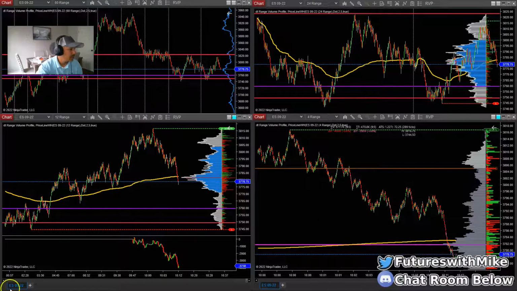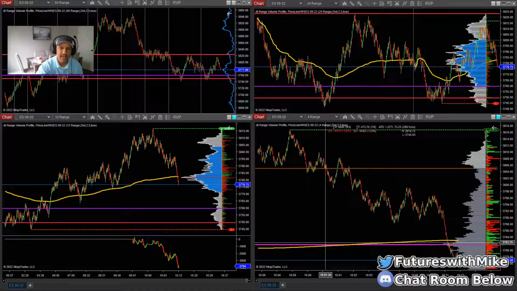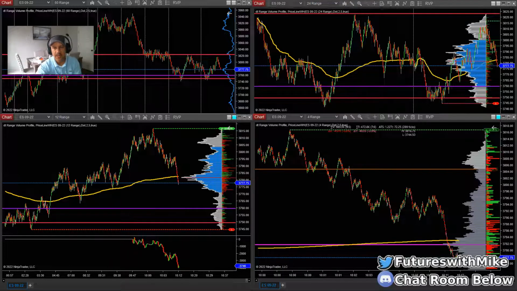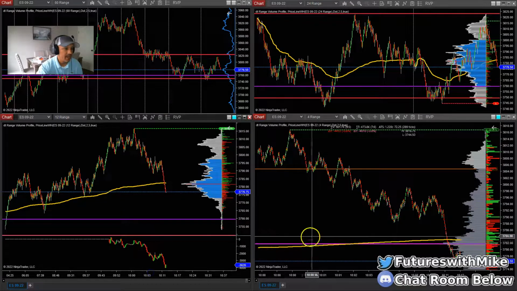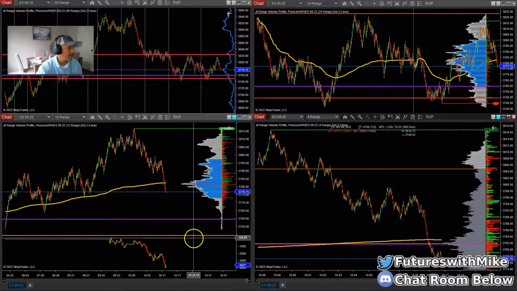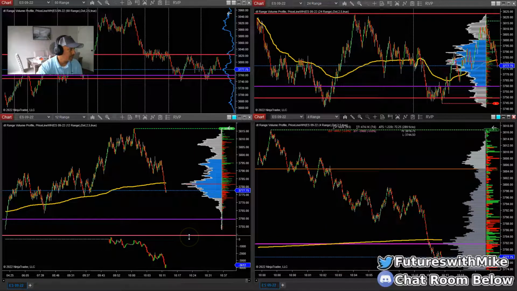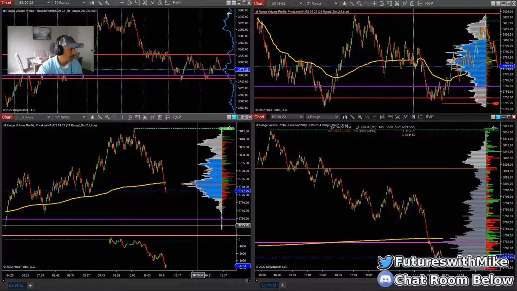The ISM numbers were down based upon projection and the previous numbers that came out, and based on forecast, the numbers were actually lower. So the market is pushing lower, probably in respect to the numbers that came out on ISM.